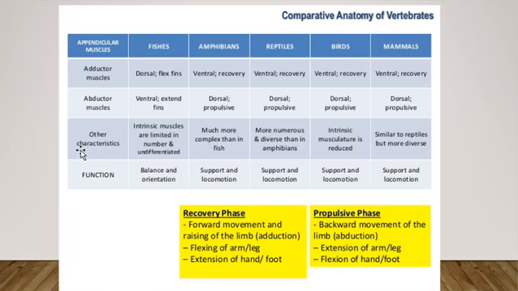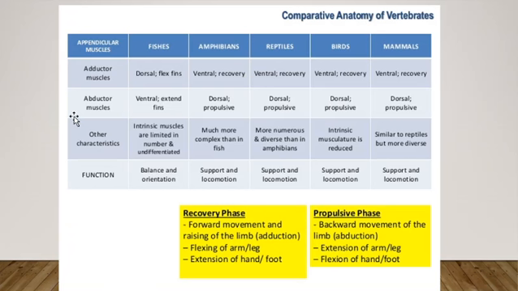In fishes, the adductor muscles are usually found dorsally and they flex fins. From amphibians to the mammals, it had a similar fate. Located ventrally and for recovery.